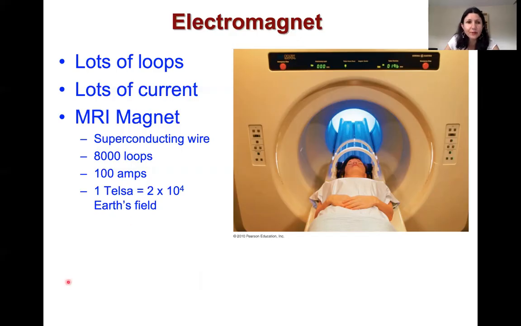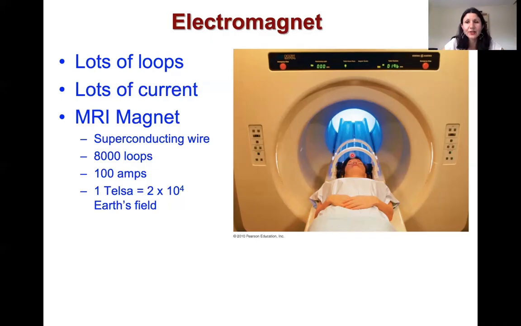So it's pretty strong. And what does MRI stand for? Magnetic resonance imaging. So what happens basically is your body gets put in a very strong magnetic field. Your body is made out of water molecules. They're themselves little dipoles, kind of like your little compasses, that now will line up with that external magnetic field.